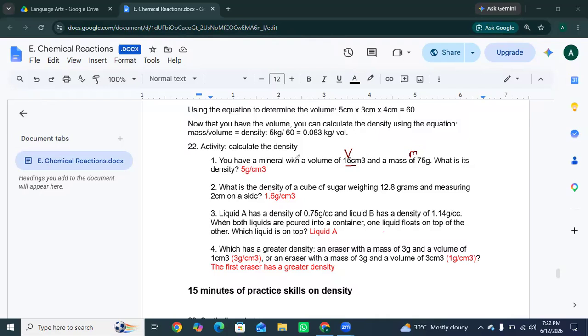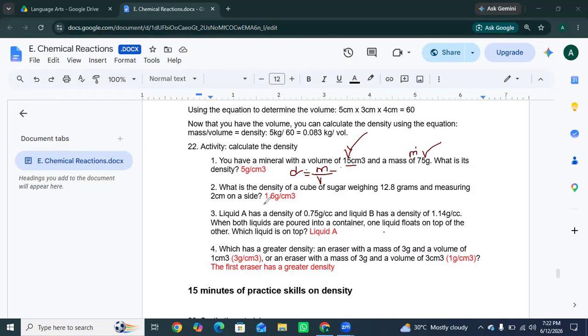Basically, we have a formula: density is equal to mass per unit volume. You simply put the values in this and you will calculate it easily. Mass is 75 and volume is 15 centimeters cubed. So the answer is 5.